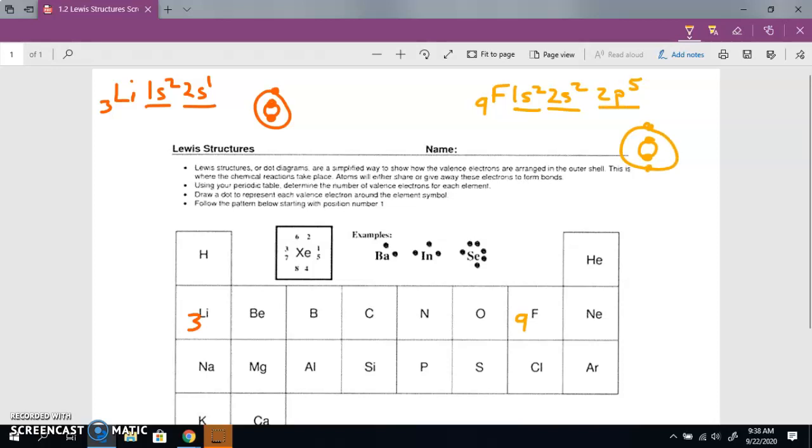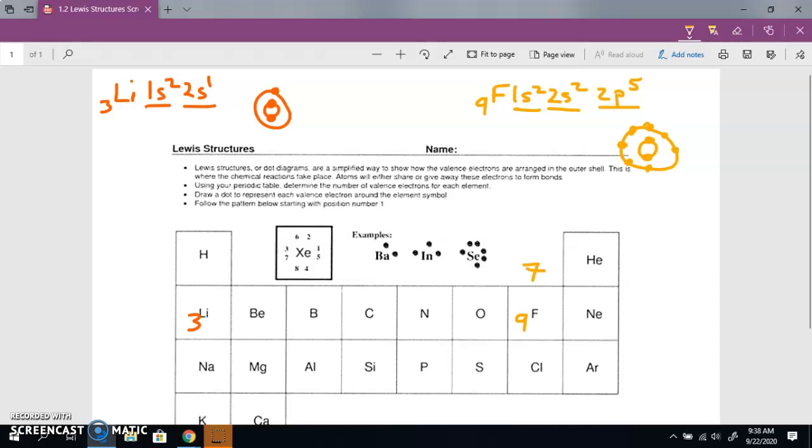Still on the second energy level, another 5 electron dots. So another 1, 2, 3, 4, 5. So what we see here is that fluorine has these 2 plus these 5. That's a total of 7 valence electrons. And fluorine is also in main group 7.